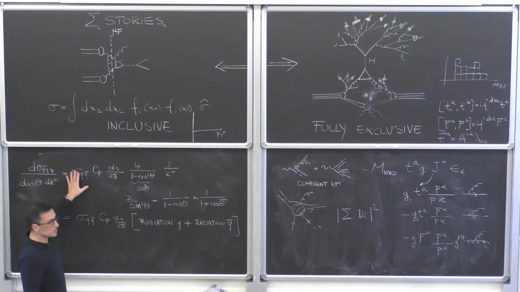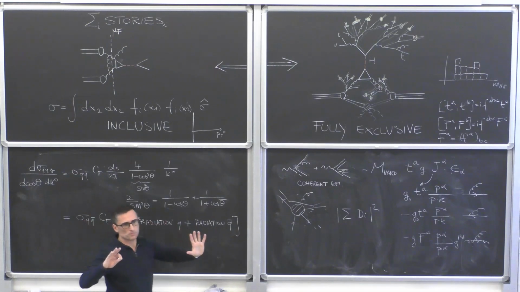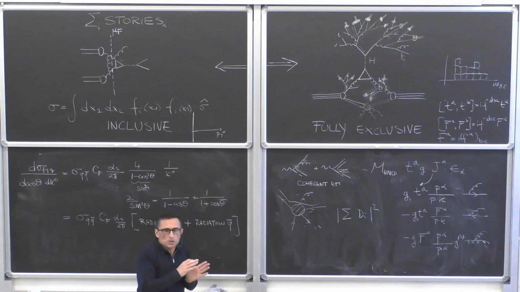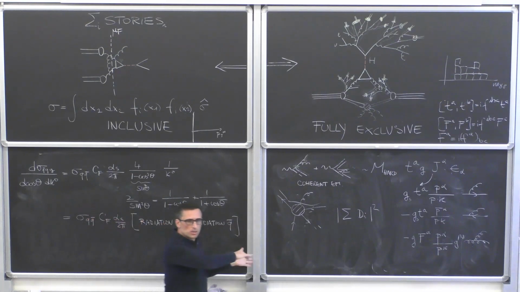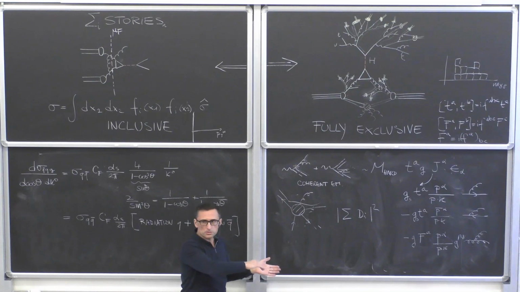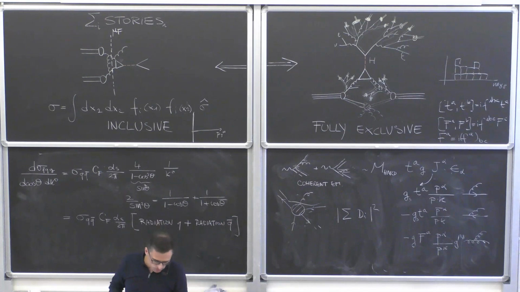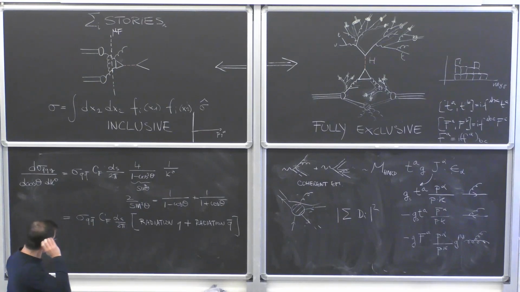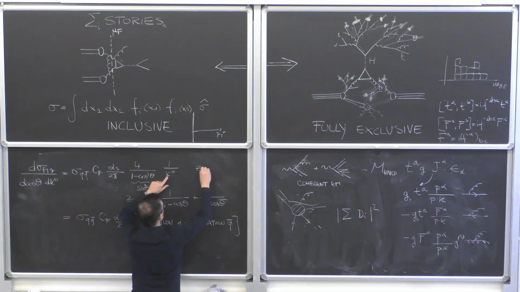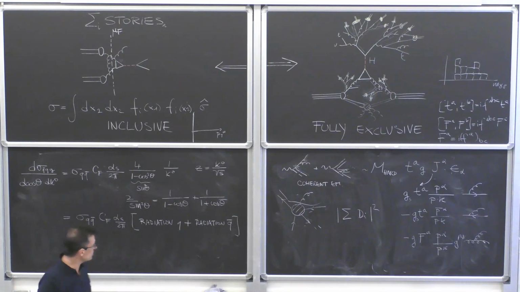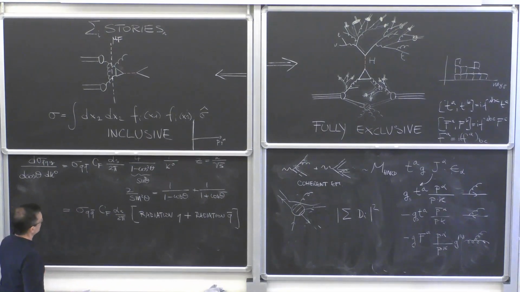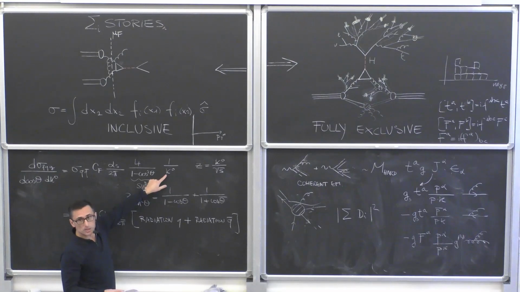So now I transform this object into a sum of two squares. One square is emitting collinear and soft radiation from one leg, and the other one is emitting from the other leg. So I broke it in two, and then I'm going to define an object Z, which is the fraction of energy of the gluon with respect to the total initial energy. And then this is the 1 over Z term here.